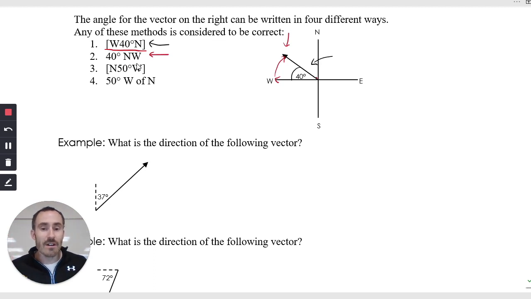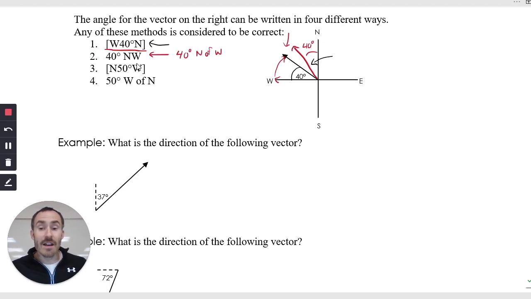If your vector was like this, and this was 40 degrees, you could not say 40 degrees northwest. That would not be correct. So what 40 degrees northwest means is 40 degrees north of west. Okay, it's just omitting the of for being briefer, I guess, for brevity.